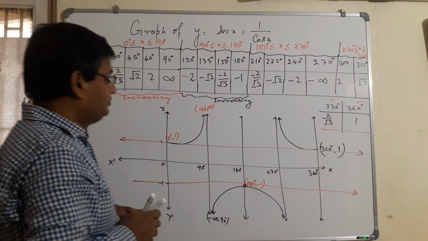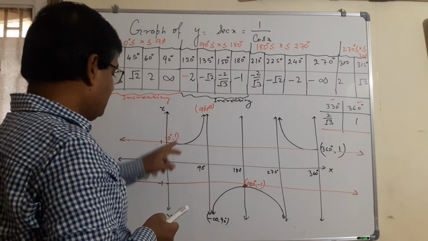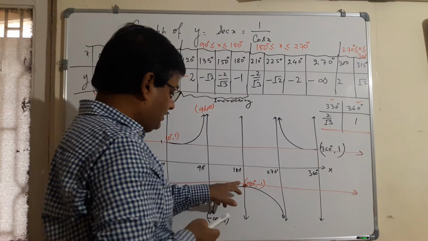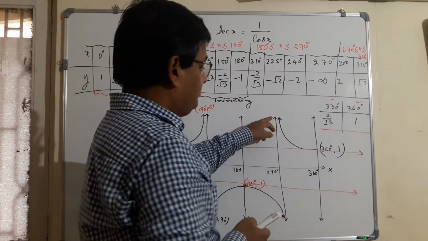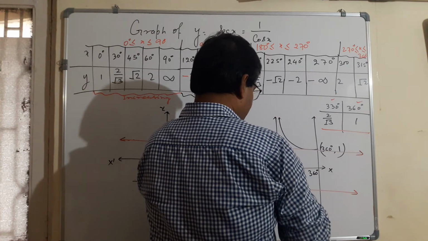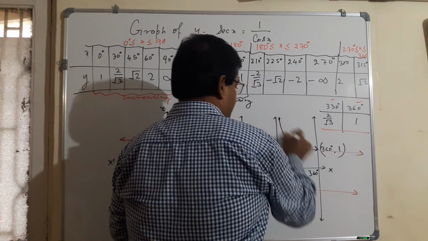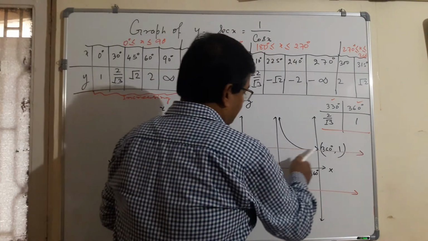Now see here, the graph is increasing in the first quadrant. Here decreasing, here decreasing. If you go from this side to here, from here to this side, it means the value is decreasing.